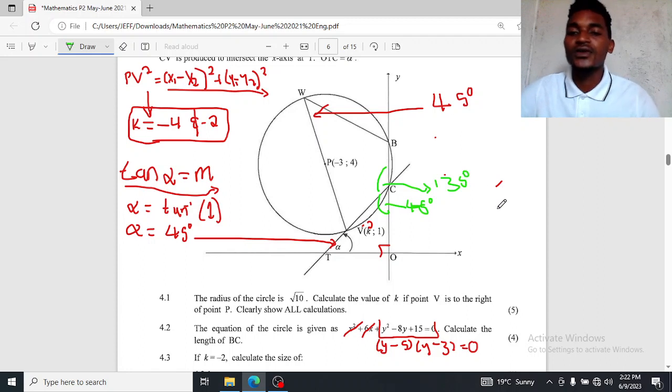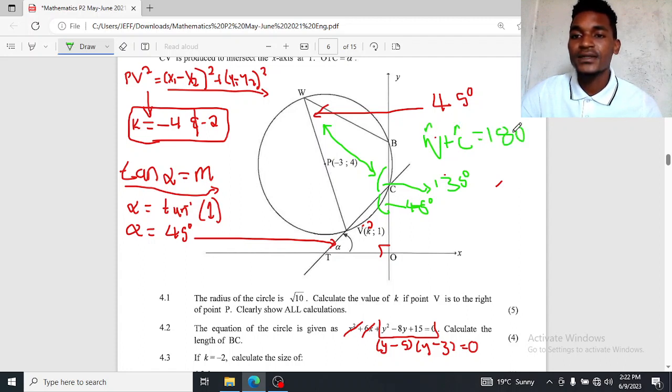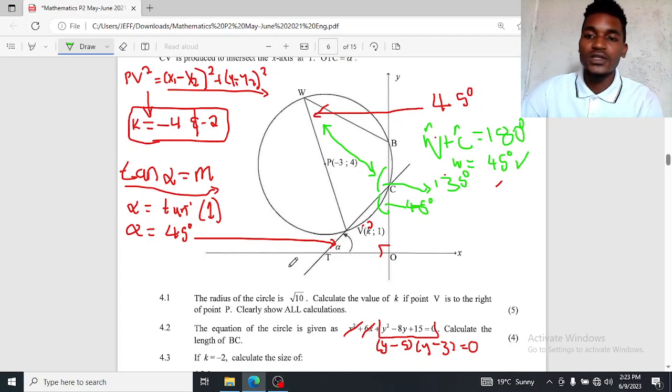Then you can use the theorem that says opposite angles of a cyclic quad add up to 180, so W plus C equals 180 degrees. For the 135, we say W is 180 minus 135, which is still 45 degrees. We're done.